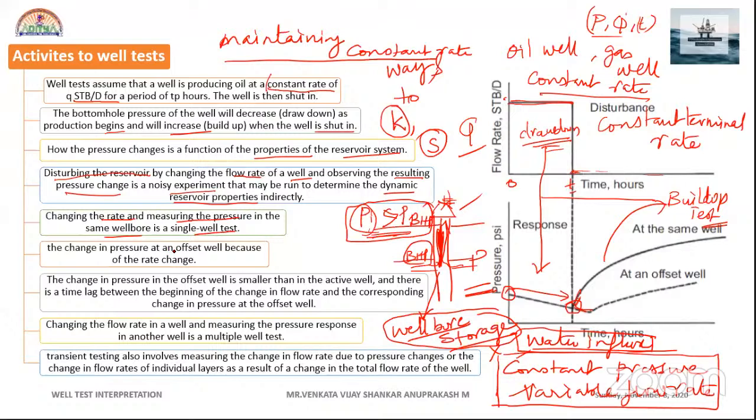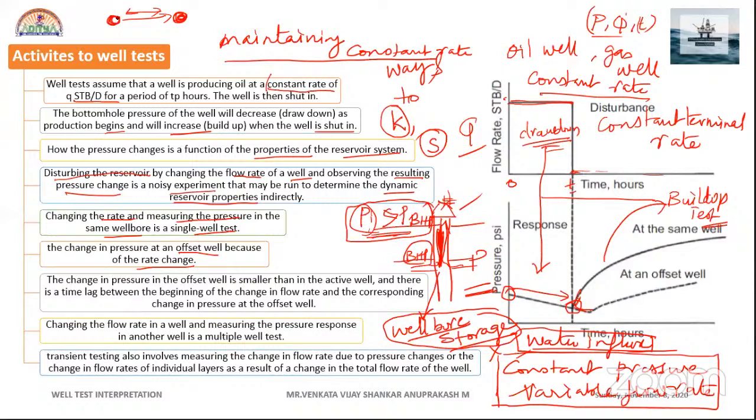The change in pressure at an offset well because of the rate change. So an offset well is like you have a well here and you have some other well somewhere here at a distance, maybe nearer or sometimes far.